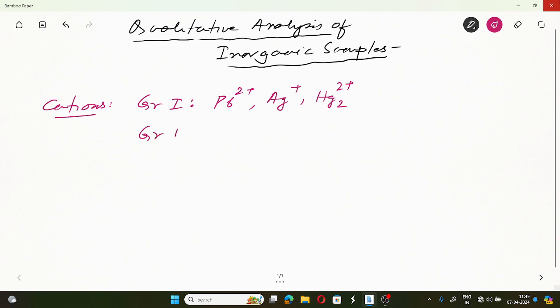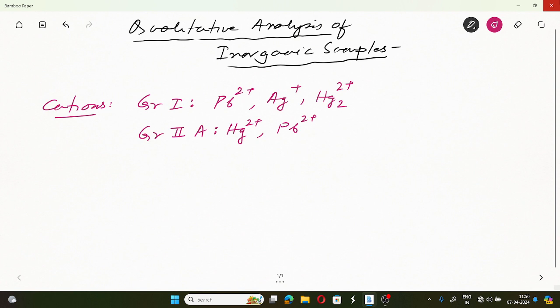Next, group 2 cations are divided into group 2A and group 2B. In group 2A, you'll find Hg2+. Once again, there is Pb2+, so Pb2+ is present both in group 1 as well as in group 2A.